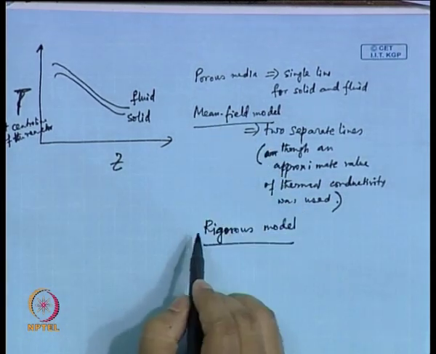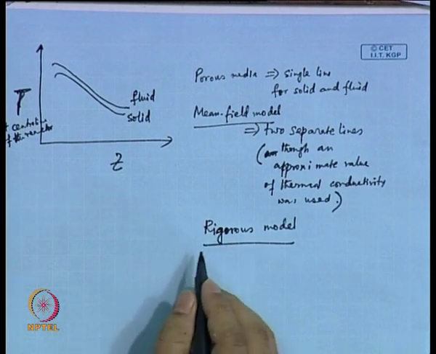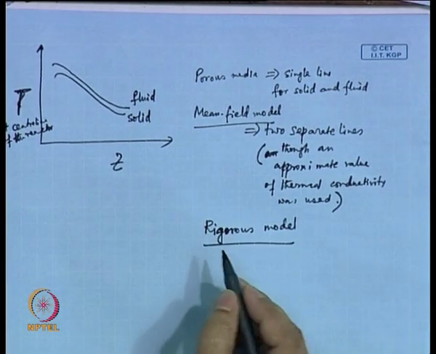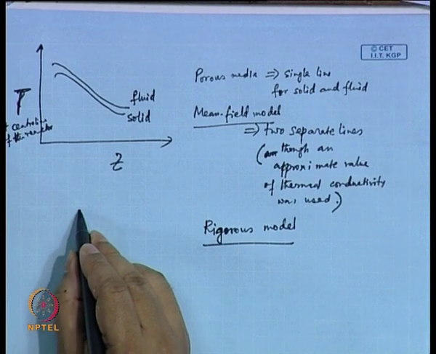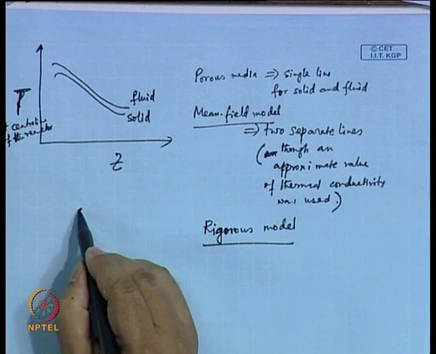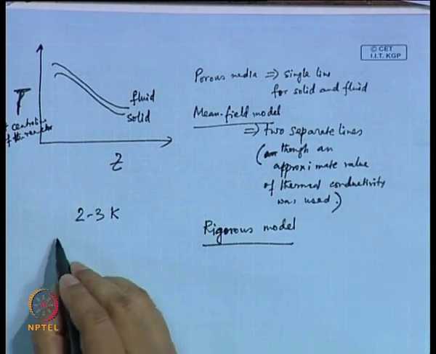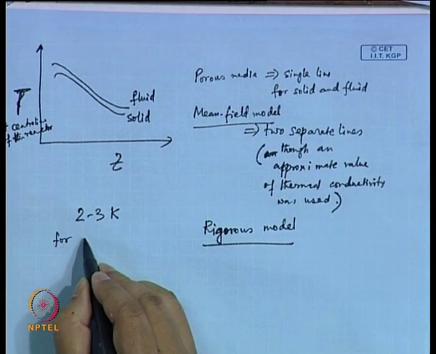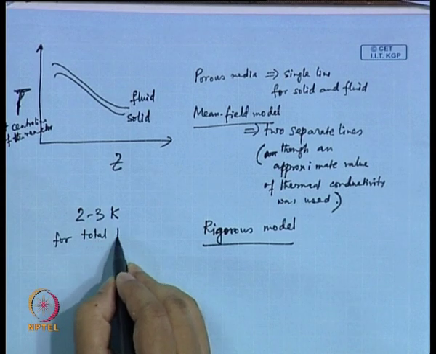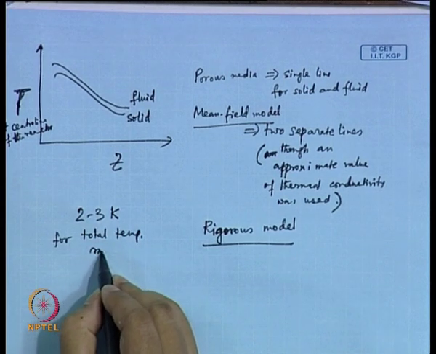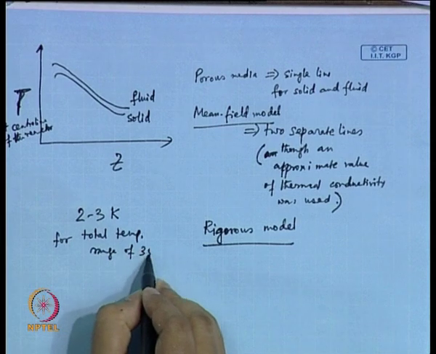In the mean field model, the computational time is saved, however, the accuracy is sacrificed, and the experience says that this accuracy is of the order of 2 to 3 Kelvin for a total temperature range of 35 Kelvin.